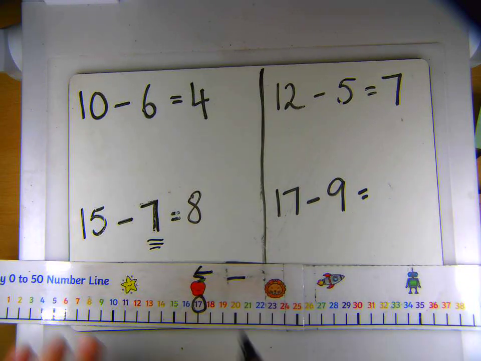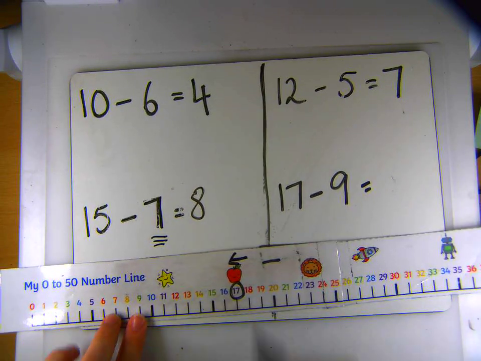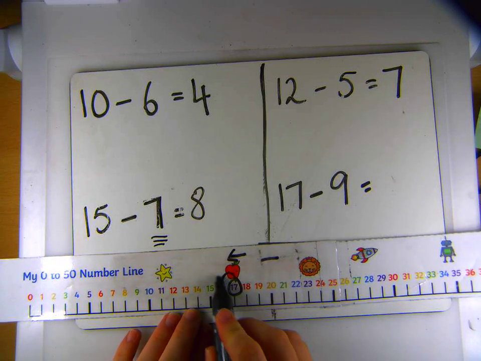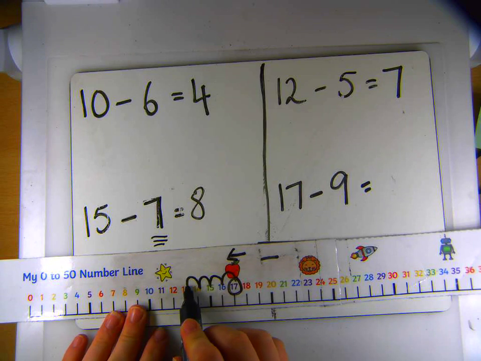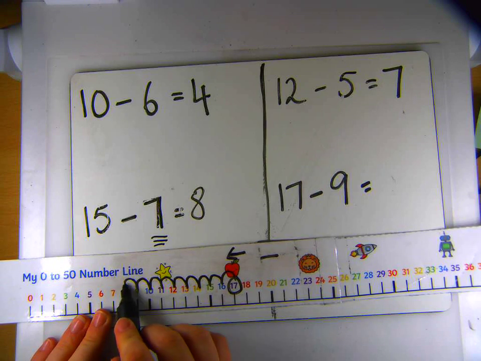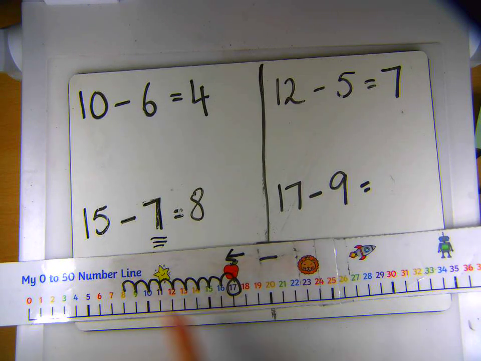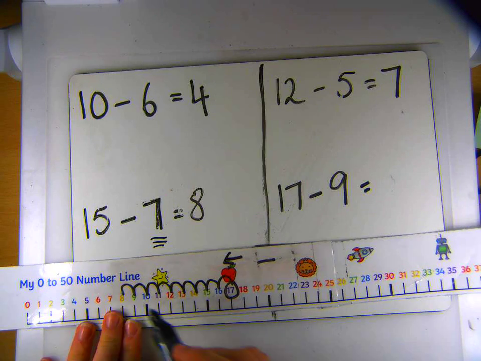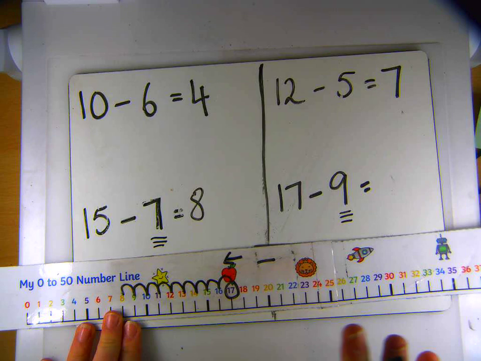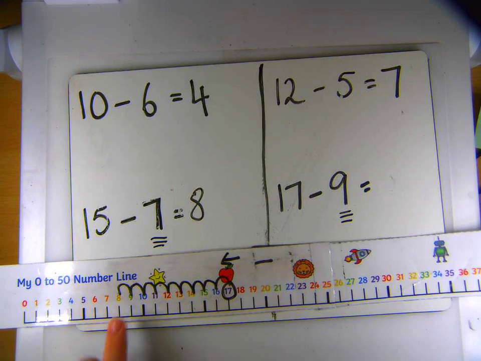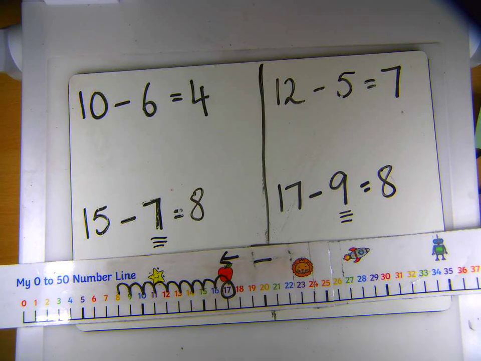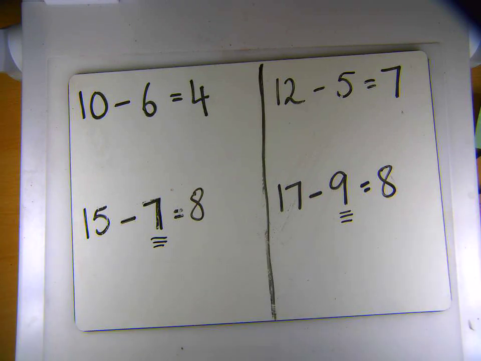So I'm going to count this way over to my left, and again I'm just going to count my jumps as they go along. 1, 2, 3, 4, 5, 6, 7, 8, 9. Again, remembering that each time I land on a new number, I count until I've reached 9. Once I've done 9 jumps, then I stop. So again, I've landed on the number 8, which tells me that 17 minus 9 is 8.